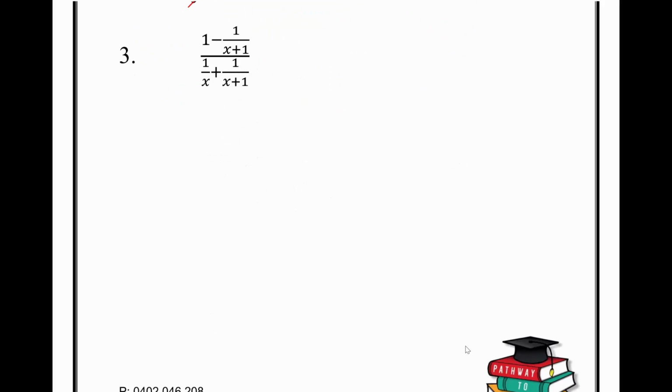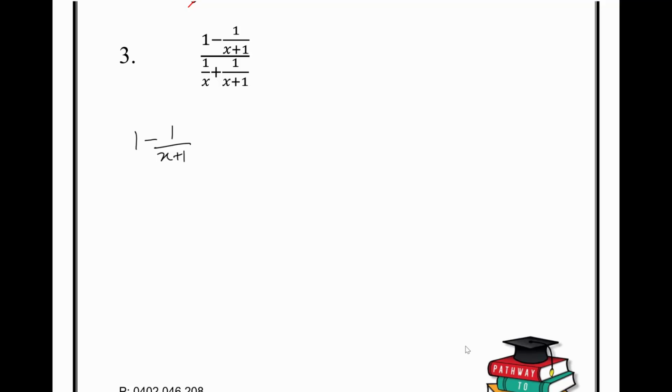Now this expression seems a bit complicated, so what we'll work with is two parts. The first part will be the top half, which is just 1 minus 1 over x plus 1. Let's put that all under a common denominator first, which is just x plus 1.